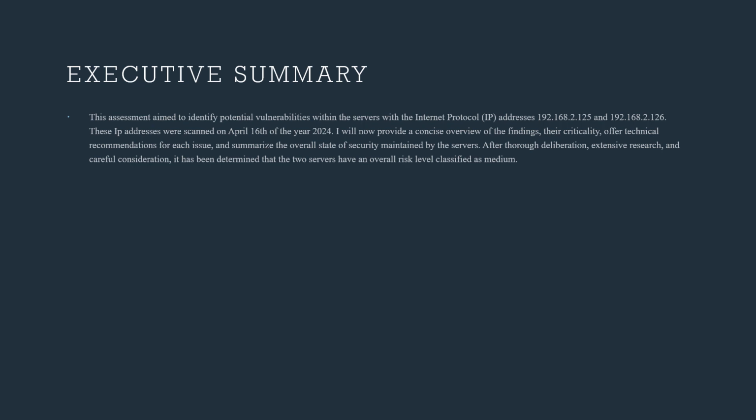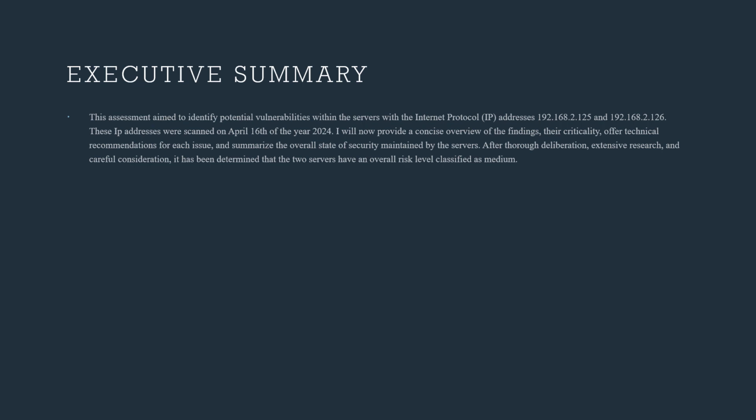These IP addresses were scanned on April 16th of the year 2024, and I will now provide a concise overview of the findings, their criticality, offer technical recommendations for each issue, and summarize the overall state of security maintained by these servers.